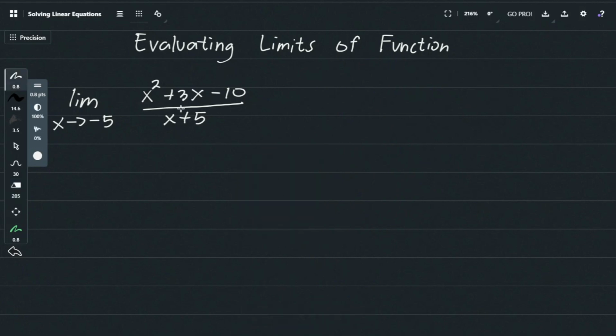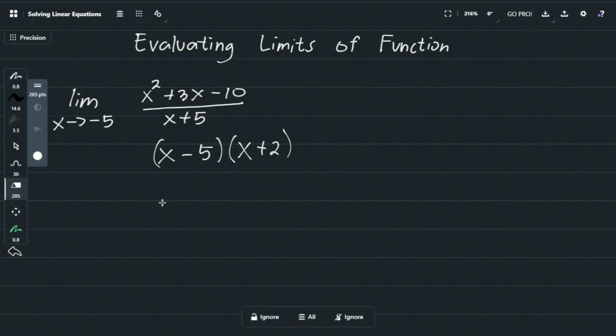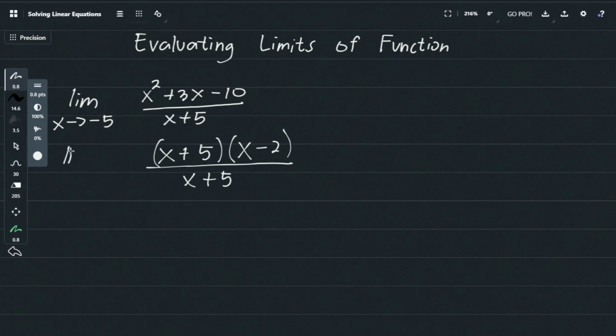Okay, so the numerator, you can just rewrite this into the quantity of x plus 5 multiplied by the quantity of x minus 2, all over x plus 5. Okay, so let's rewrite the limit expression.